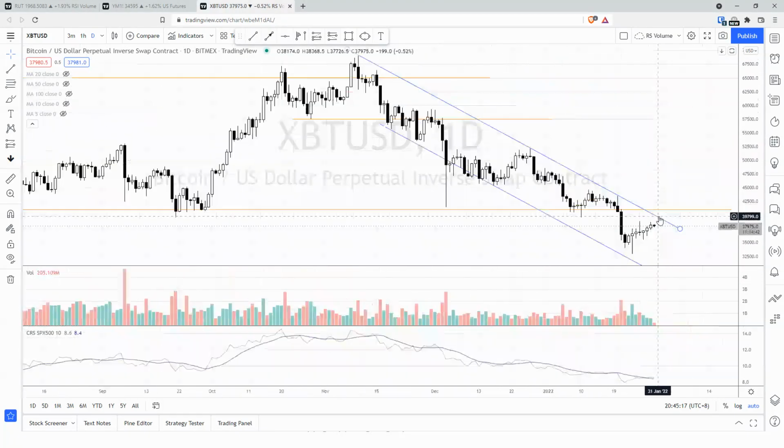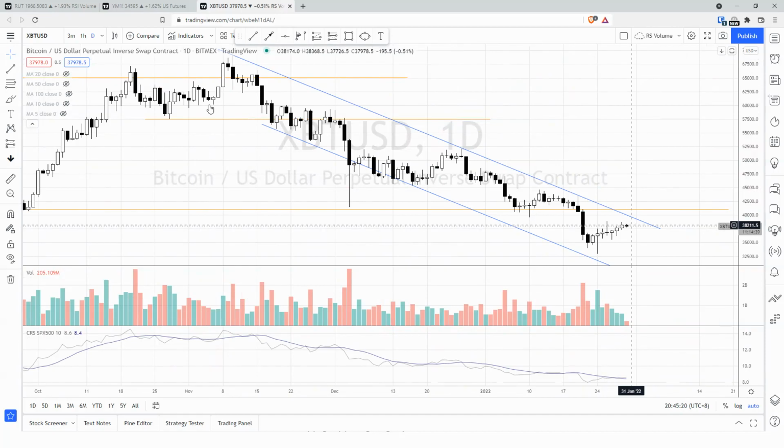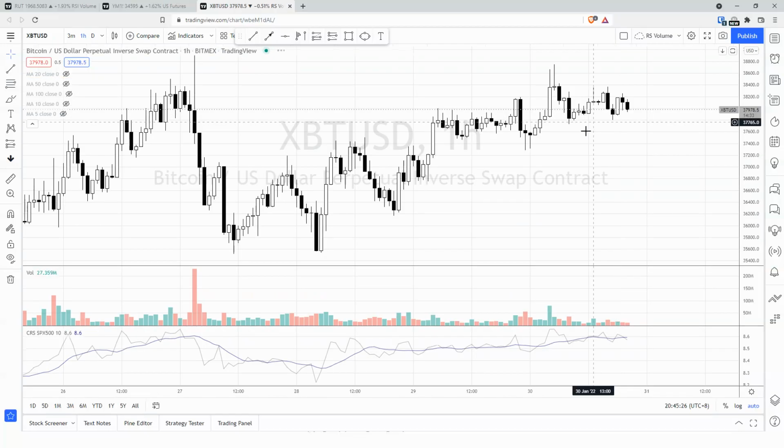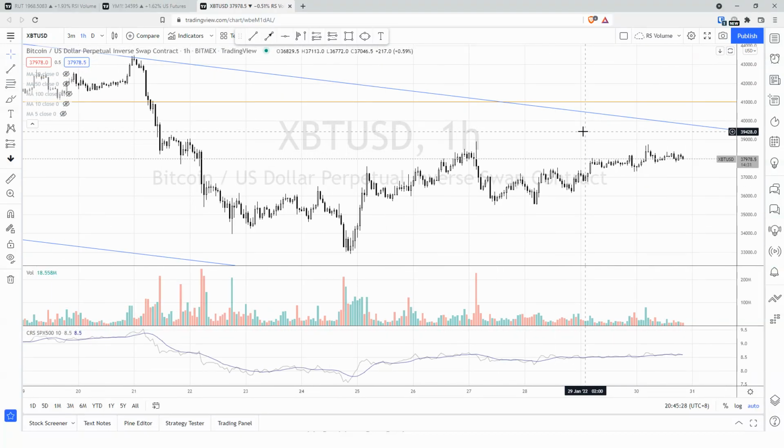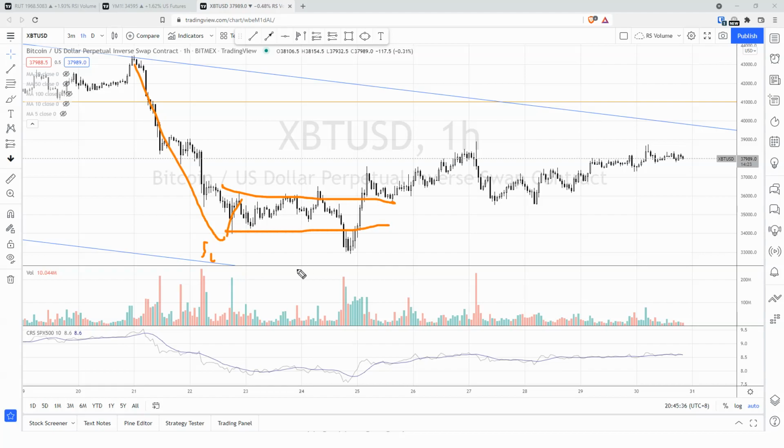But at the moment, I think it just kind of lacks supply. If you look at the hourly time frame, there is quite a nice structure. We get some selling climax, and then we have a spring. So this is a spring, a sign of strength rally, and kind of a backing up process here.